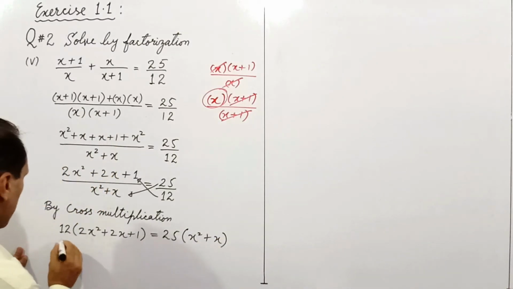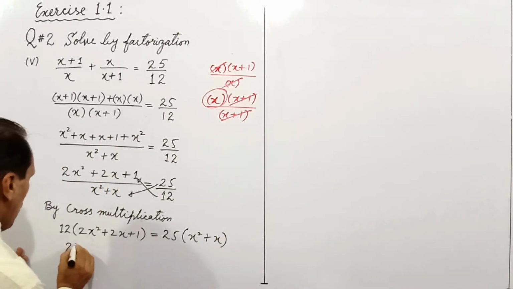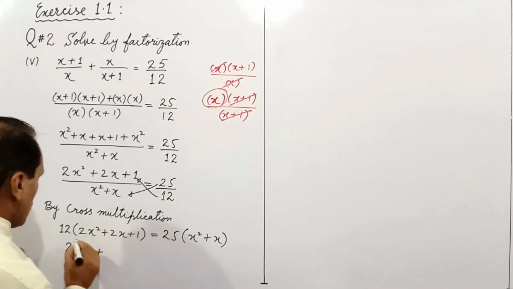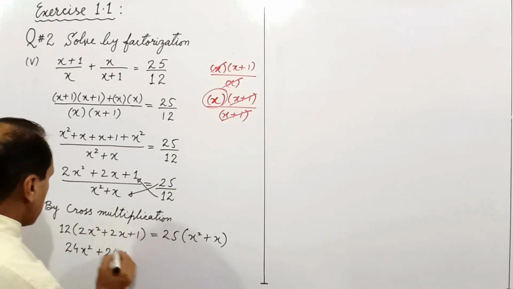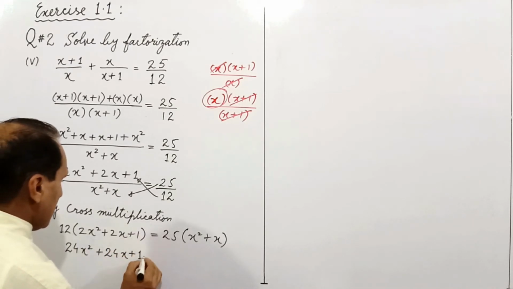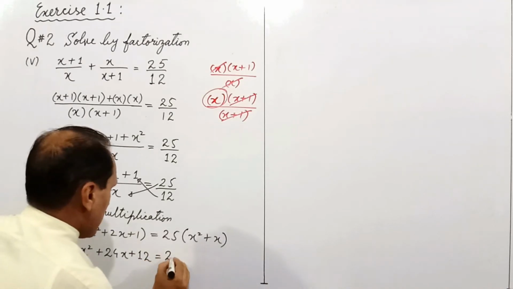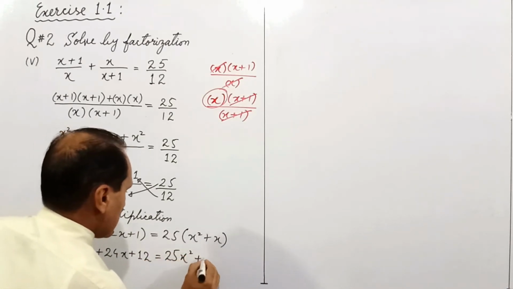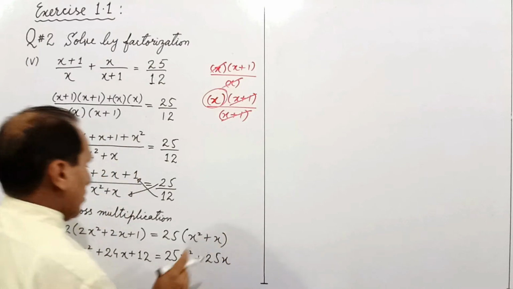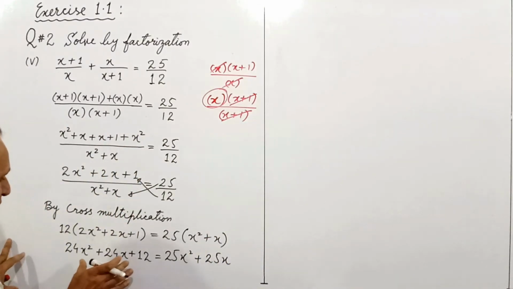In the next step, we get 12 twos are 24 x square plus 12 twos are 24 x, 12 ones are 12 is equal to 25 x square plus 25 x on the right hand side.